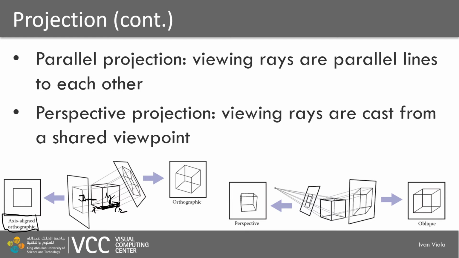The second type of projection is the perspective projection, which no longer preserves line parallelism. If two lines are parallel to each other in the object space, they will no longer be parallel to each other in the image space. However, they will still remain linear, as we discussed is the condition for the linear perspective. Again, here we can talk about oblique or non-oblique perspective projections.